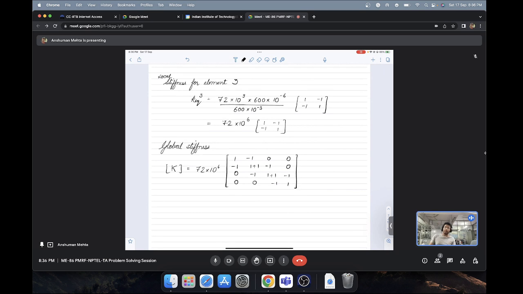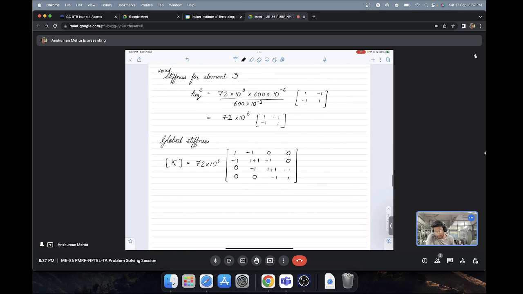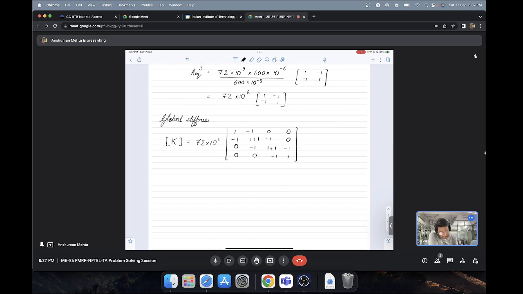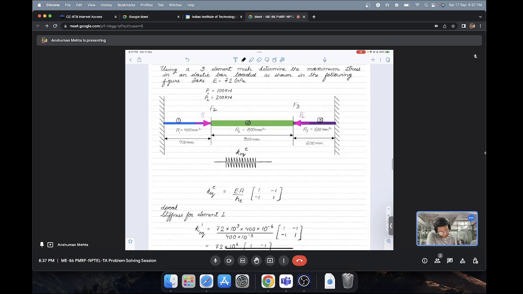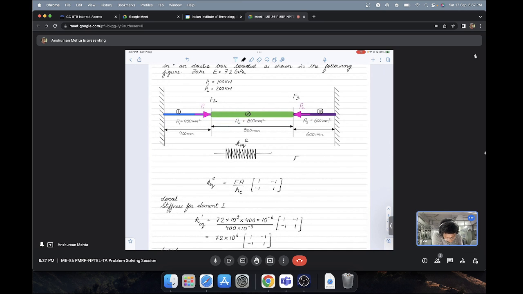Now we will define our U vector and F vector. So this is 2, this is also 2. So let me write F, which is nothing but f1, f2, f3 and f4.